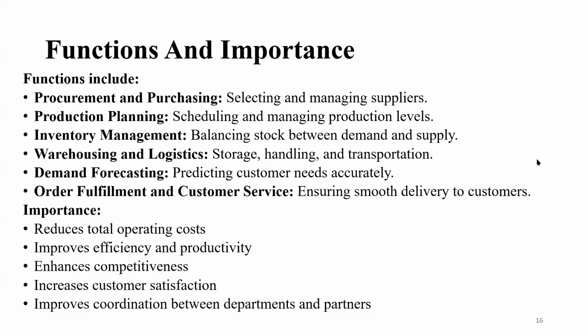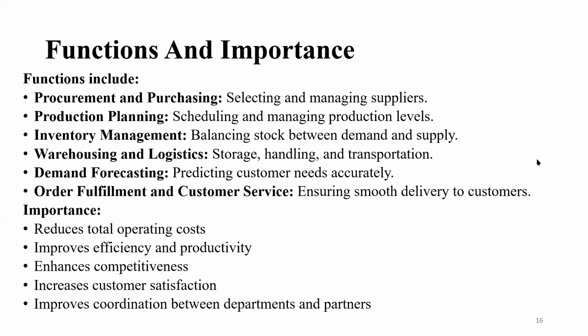Once your products are procured from your production line, they go to your warehouse and logistics. Then, based on your demand, you forecast how much product you are going to purchase. I'll come to the last topic: demand forecasting, predicting the customers' needs, how much product they actually need. If they require 10 products, I'm not going to manufacture 100 products and sell them.